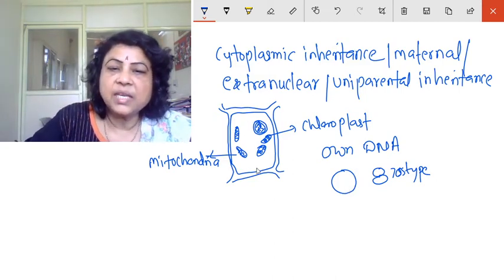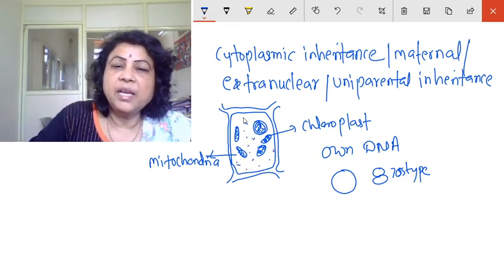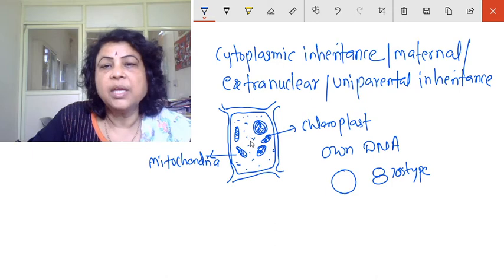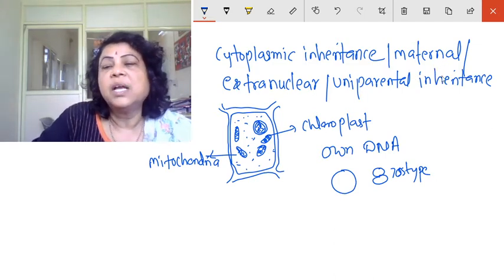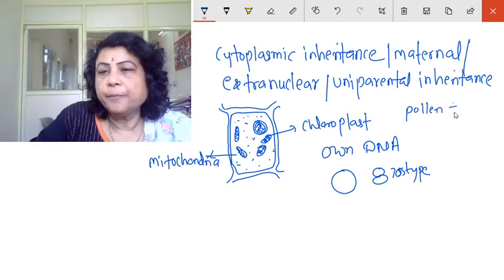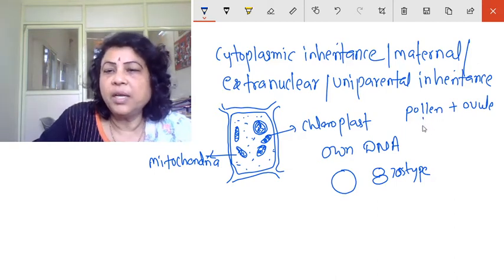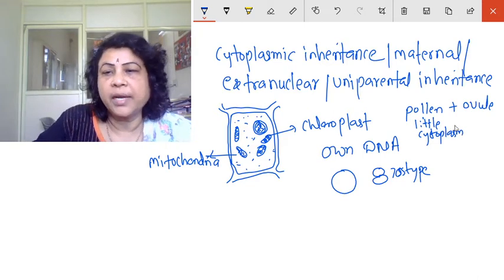These cell organelles are present in the cytoplasm and are inherited by the progeny. That is known as cytoplasmic inheritance. It is also known as maternal inheritance because at the time of fertilization, when the pollen and the ovule fuse, the pollen has very little cytoplasm, and that cytoplasm does not have mitochondria and chloroplast.